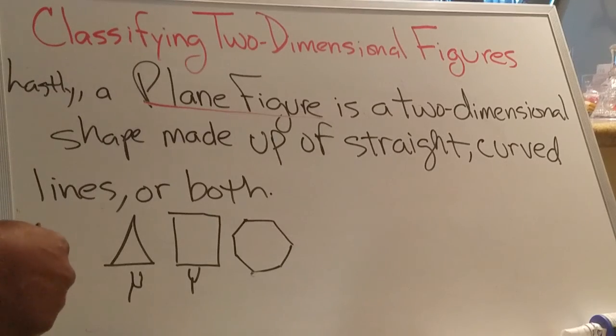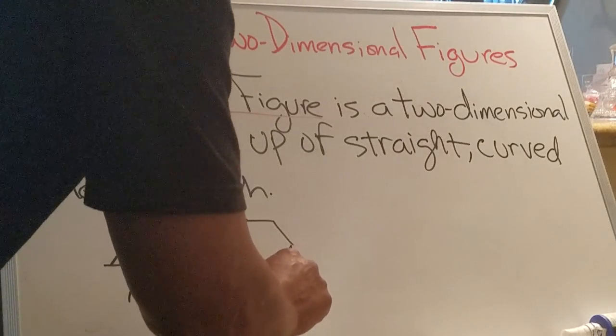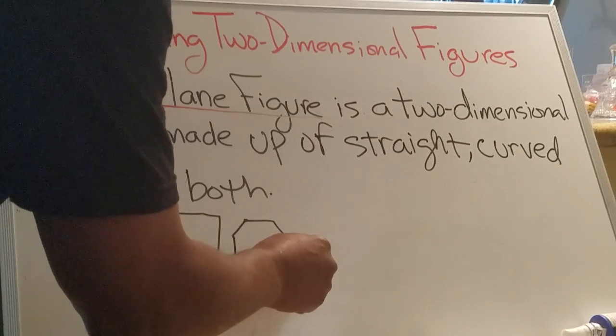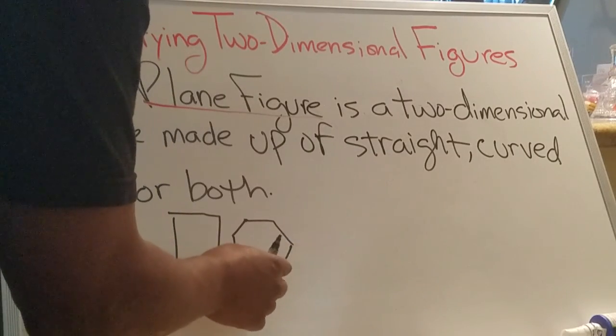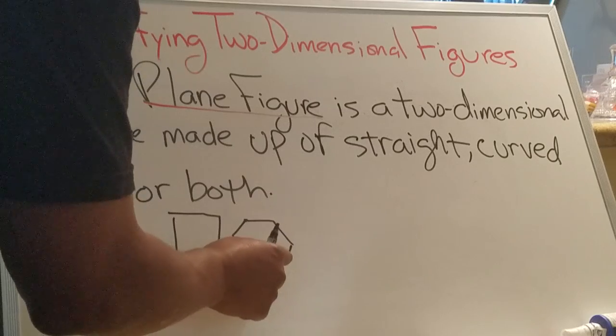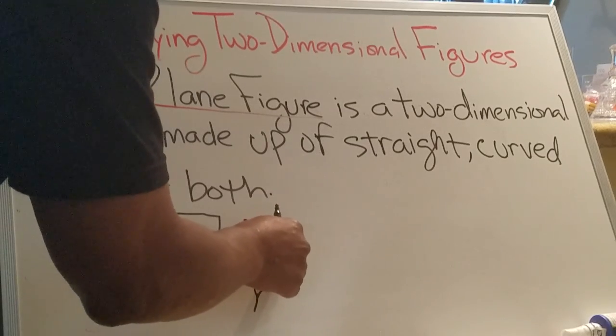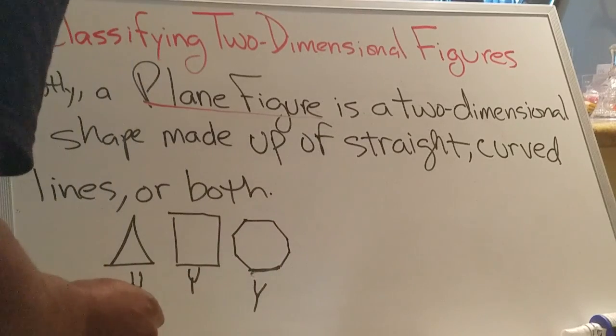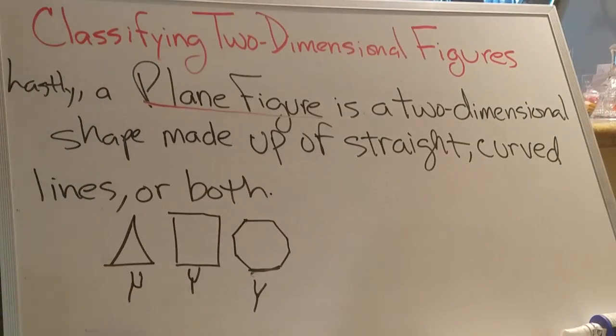Is this a plane figure? Yes. It's supposed to be like a stop sign. Oh, I see, I'm missing a side here. Couldn't figure out why it didn't work. Okay, now that's an octagon. These should have 8 sides. Yes, it is.